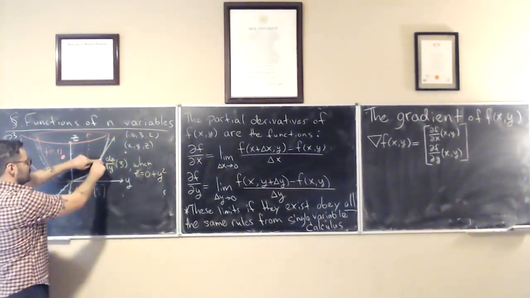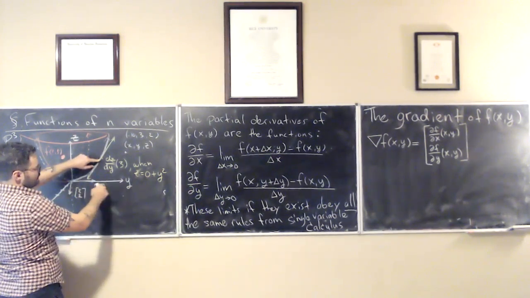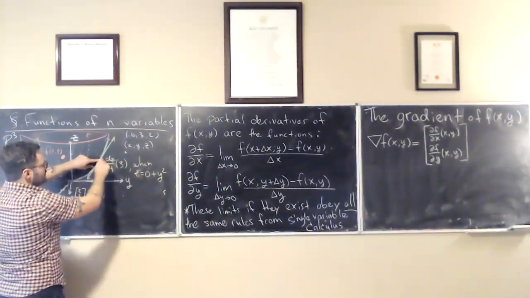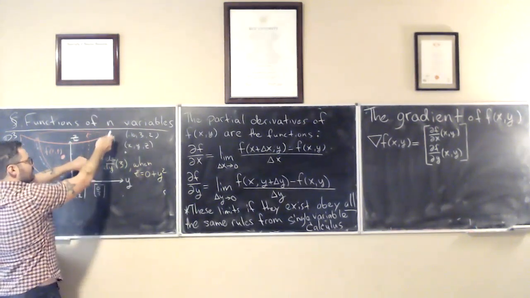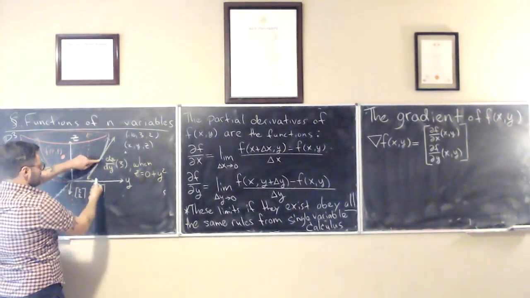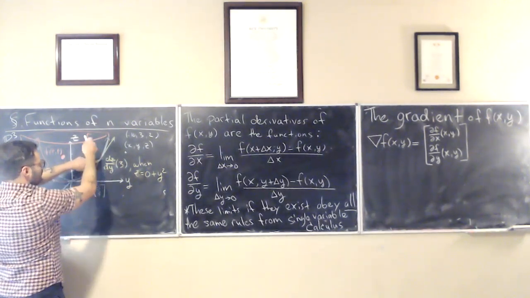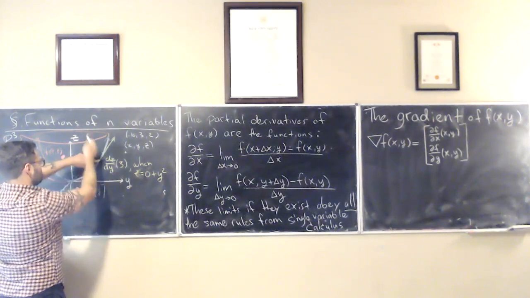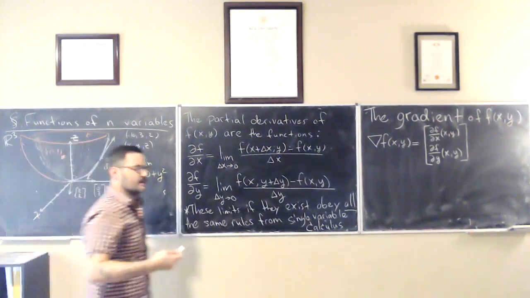So we know that if we move y positive, we'd be going up at that point. But what about if we move x at that point? Well, if we move x, would we be going up or down?